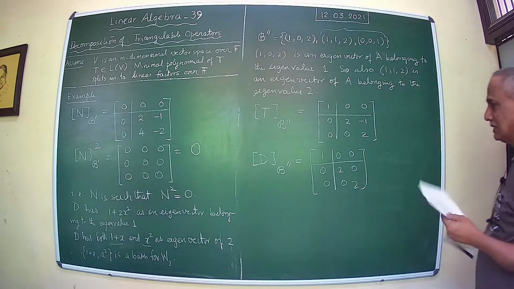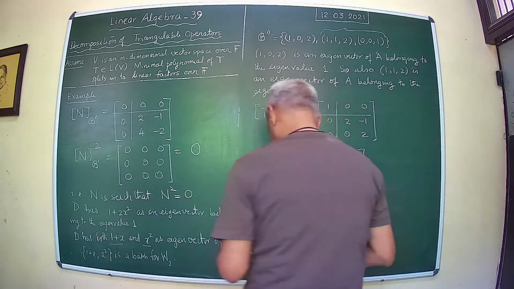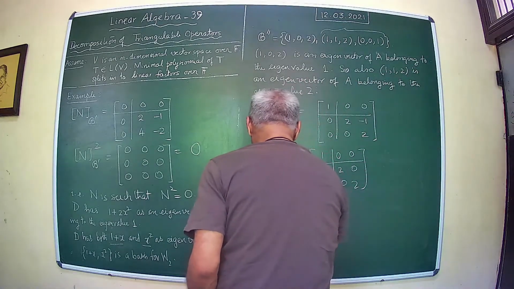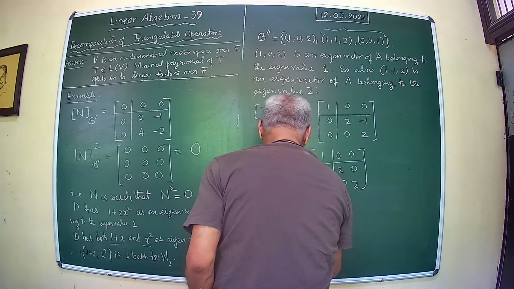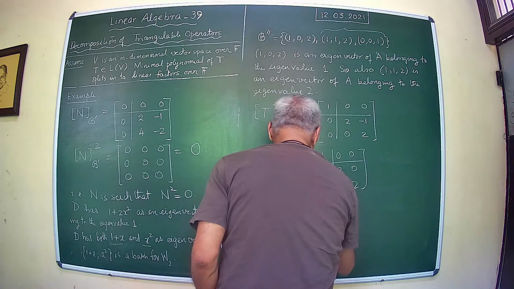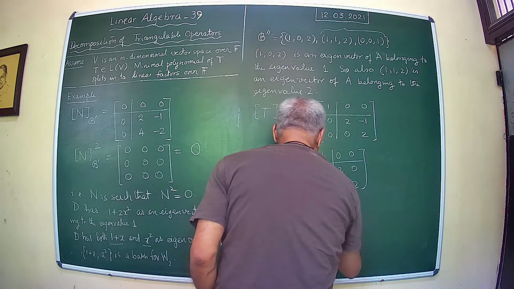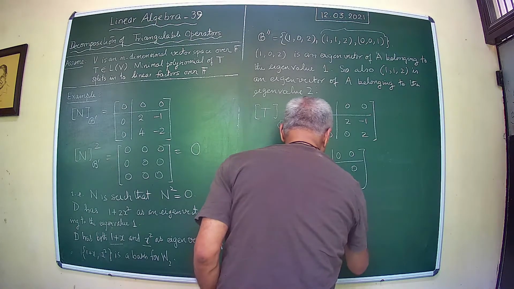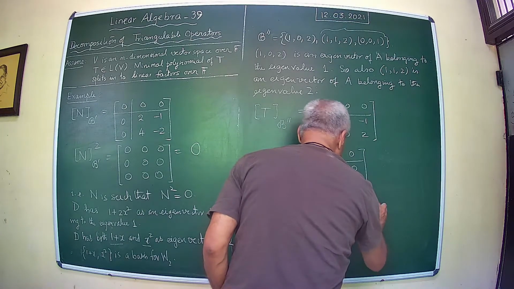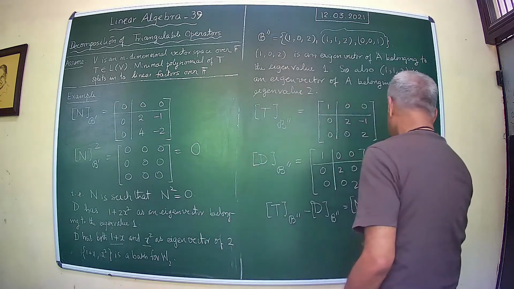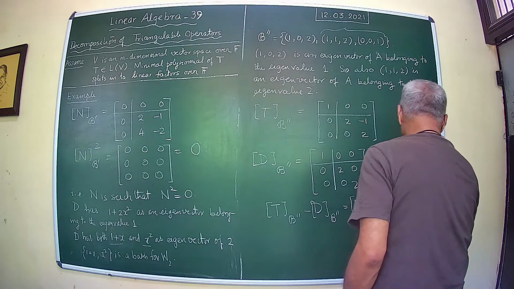Then you see that N turns out to be simply this matrix.